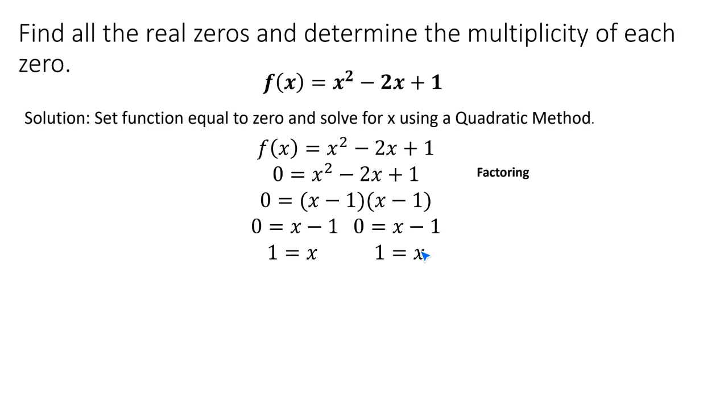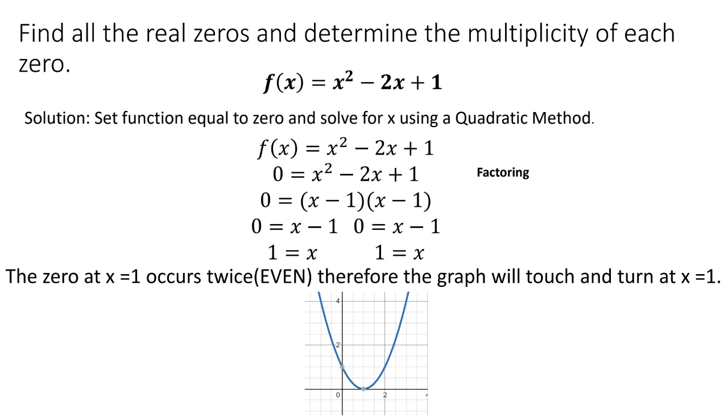And since it's even, that means that it's going to touch and turn. So the 0 at x equals 1 occurs twice, so therefore the graph would touch and turn at x equals 1. And so here's the graph. Here's your 0, and then the graph comes down, it touches, and then it turns, okay?